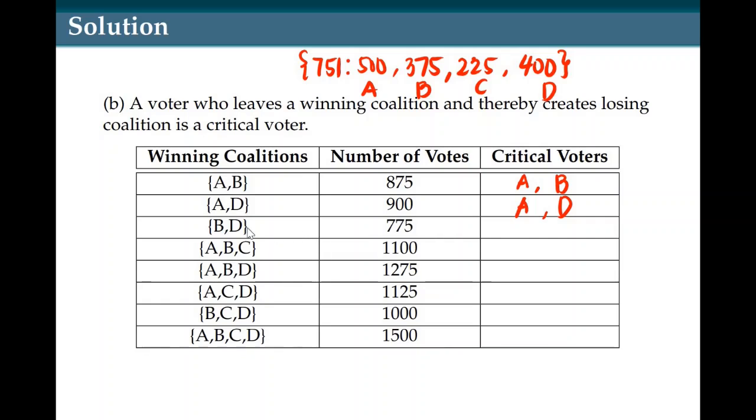So for the winning coalition BD with 775 votes, if voter B leaves the coalition, then it is less than the quota, then voter B is a critical voter. So is voter D.